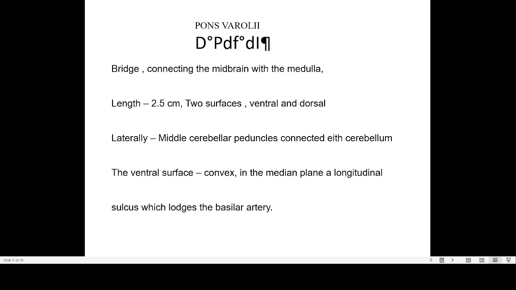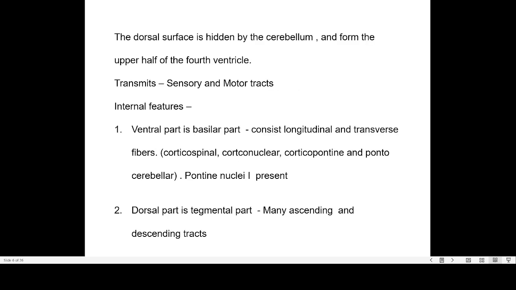It is one of the important arteries supplying the brain. So remember, the ventral surface is convex and in the median plane a longitudinal sulcus lodges the basilar artery.